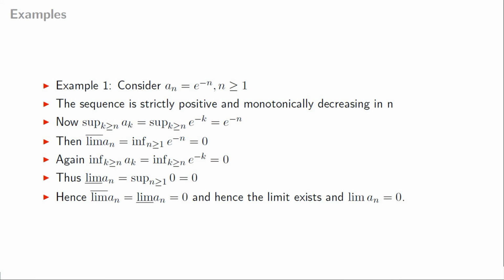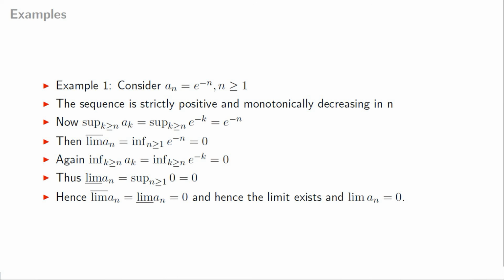Consider our next example where the sequence is taken as 1 plus minus 1 to the power n, and the sequence is naturally non-negative and oscillates between 0 and 2. That is, the value of a_n is either 0 or 2. Now the supremum value of a_k for k greater than or equal to n is nothing but 1 plus the supremum value over k greater than or equal to n of minus 1 to the power k, which is 2.